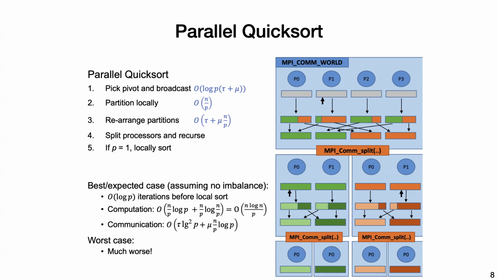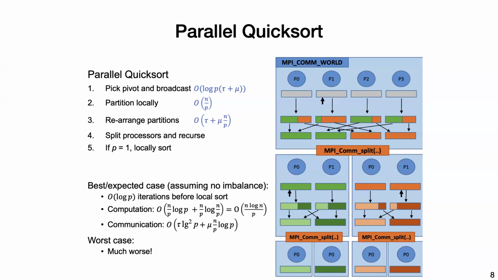Once everyone has the pivot, we partition the elements locally on the processor. Everybody now has the pivot, and we need to move the elements around the pivot. That's going to take time order n over p, because everybody has n over p elements, and you can do those all in parallel. That's just independent work on each processor. Then finally, we have to rearrange the partitions.